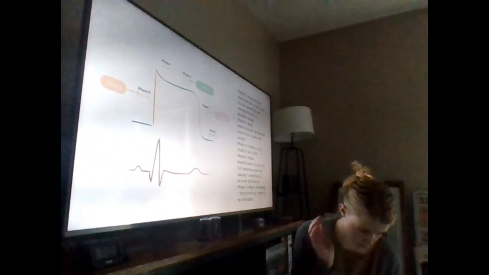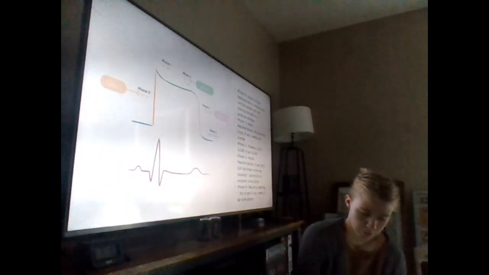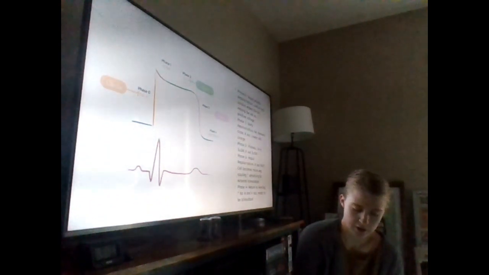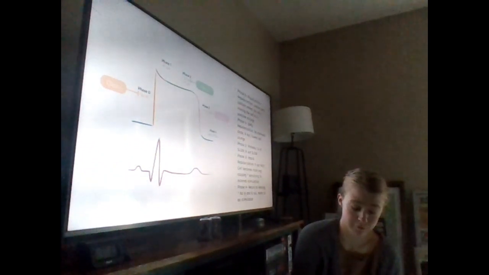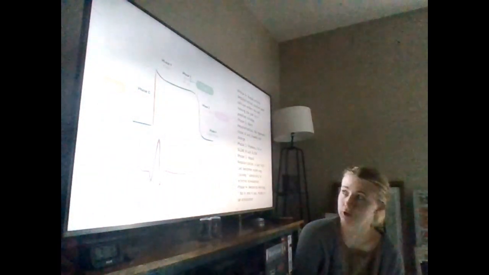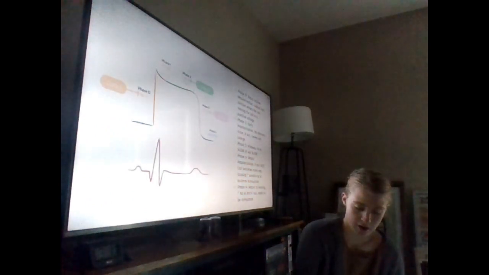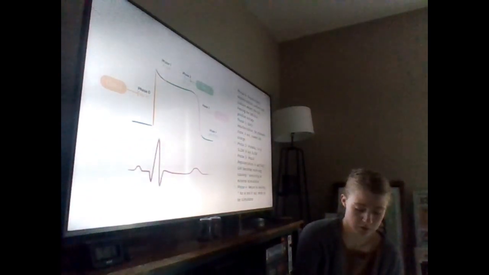Now going on to phase 2, this green plateau phase. Repolarization is slowly continuing. There is a slow inward movement of calcium and a slow outward movement of potassium still.